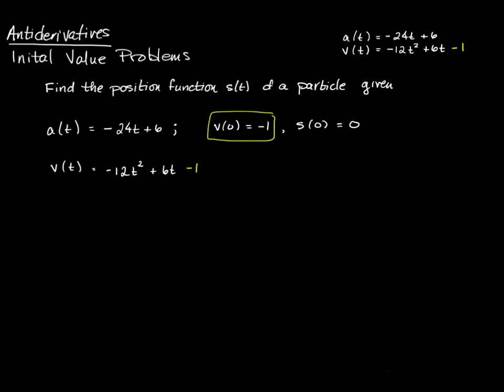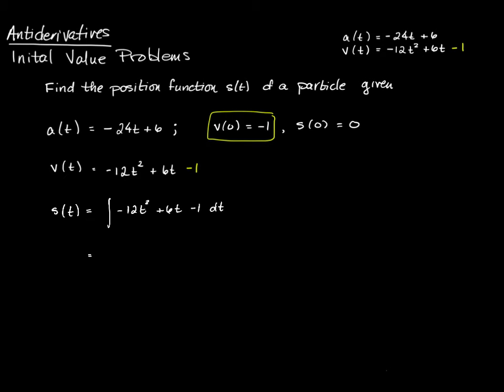Since we have v of t equals negative 12t squared plus 6t minus 1, we can say that the position function is equal to the integral of negative 12t squared plus 6t minus 1 dt. Remember, the t here is instead of the x because our variable is a t instead of an x.